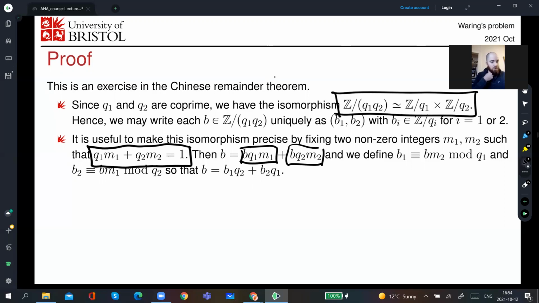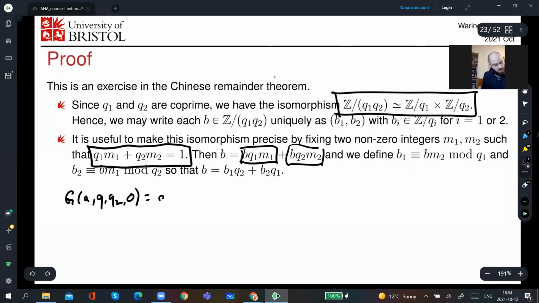Now let's go through and show that these two things are coprime. Remember, G of A Q1 Q2 at 0 is just Q. First, to make my life easier, as I said before, this is actually just D times the one-dimensional version, right?